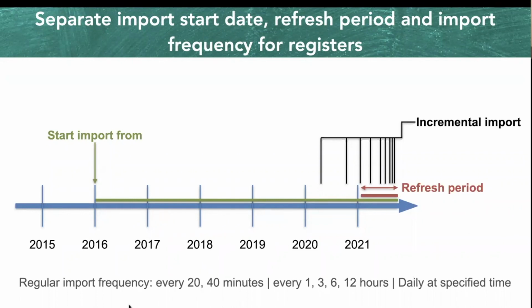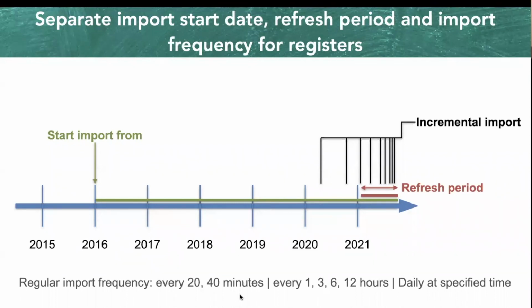How regular import frequency works is that you can specify how often the import should run. So every 20 minutes the import starts automatically, or every 40 minutes, every hour, 3 hours, 6 hours, or maybe you just want it daily at a specified time. Different frequencies are available for different plans as well, so business will have more frequent.